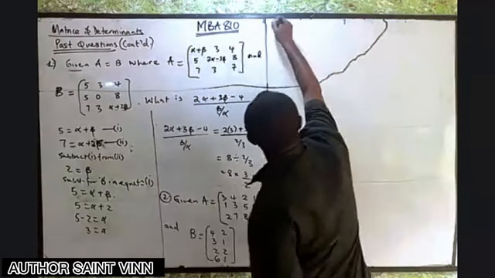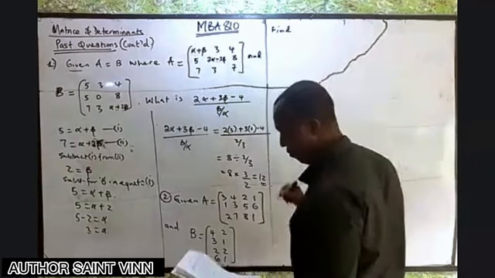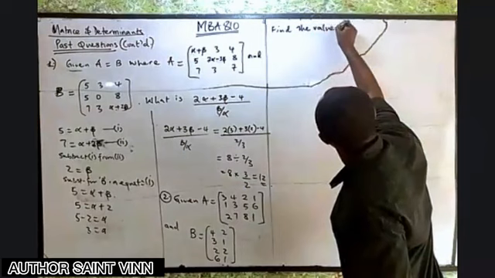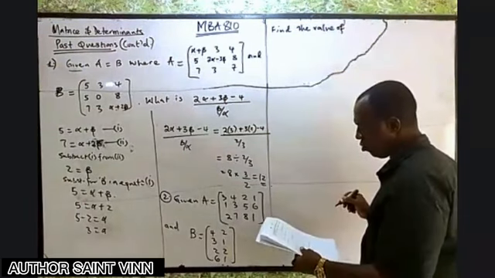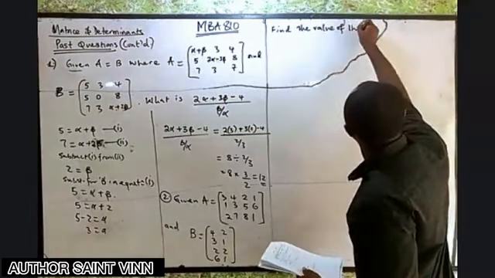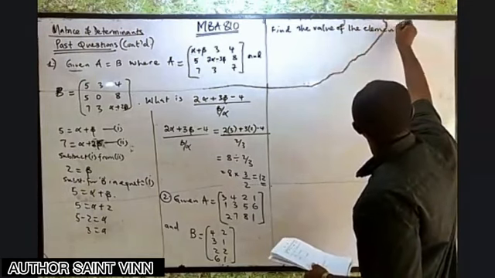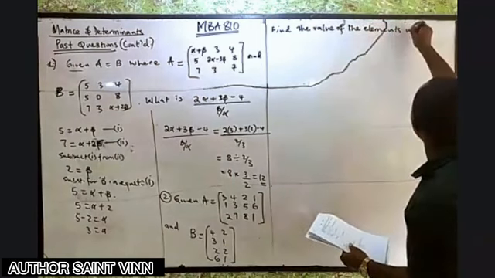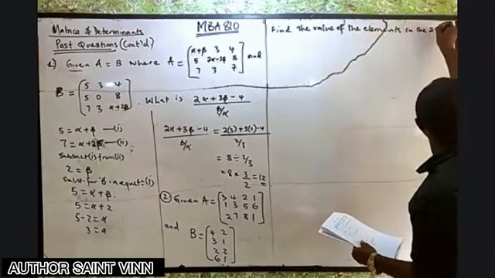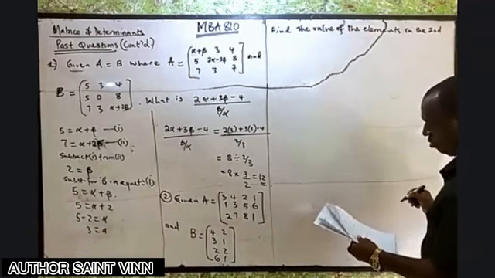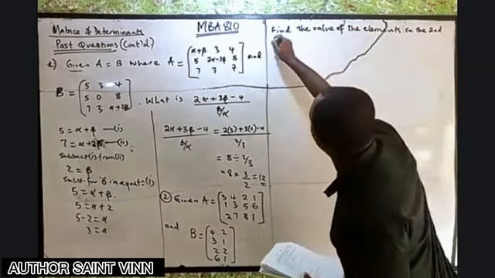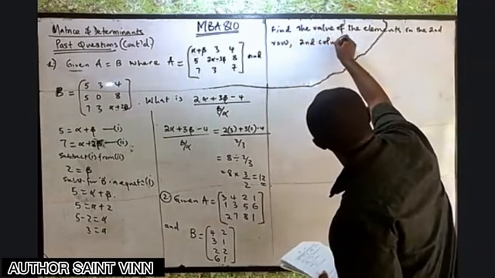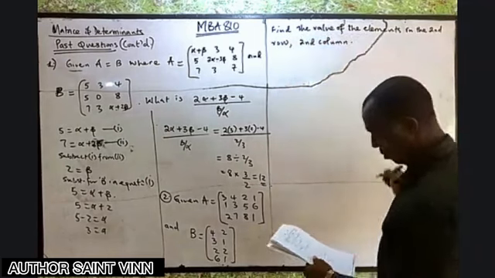Question says find the value of the elements in the second row, second column.